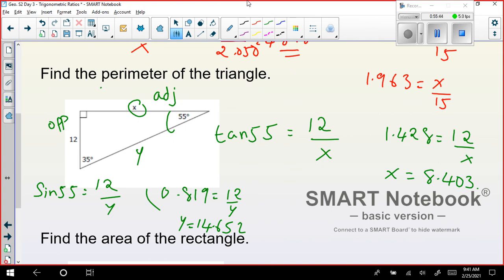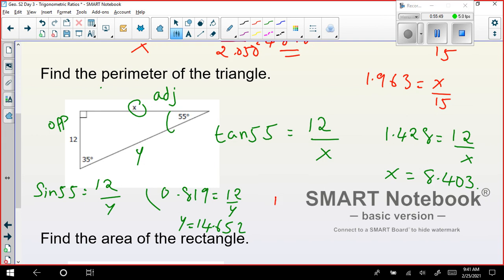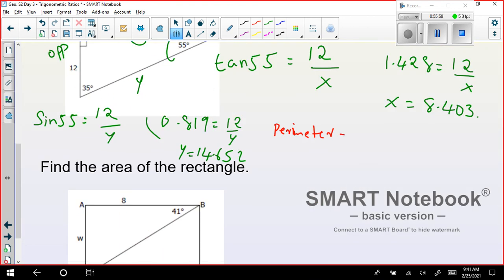And finally, the perimeter we were interested in. So the perimeter is going to be x plus y plus 12. Okay, substitute 8.403 plus 14.652 plus the 12.